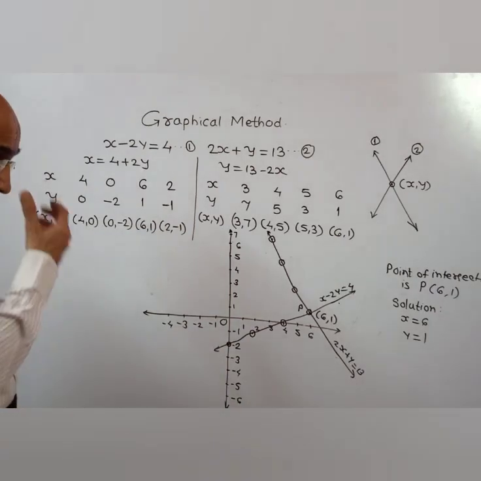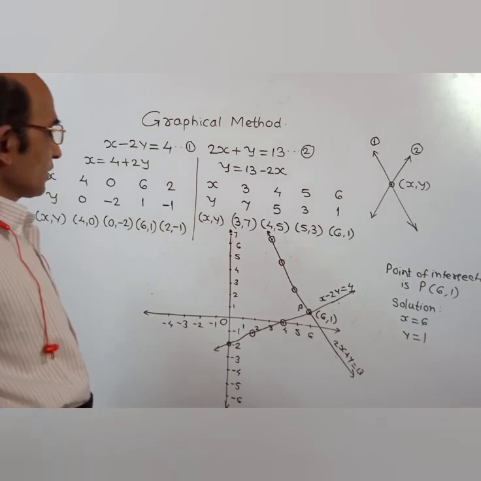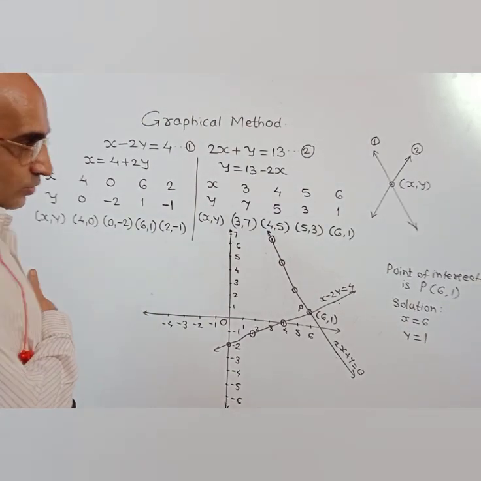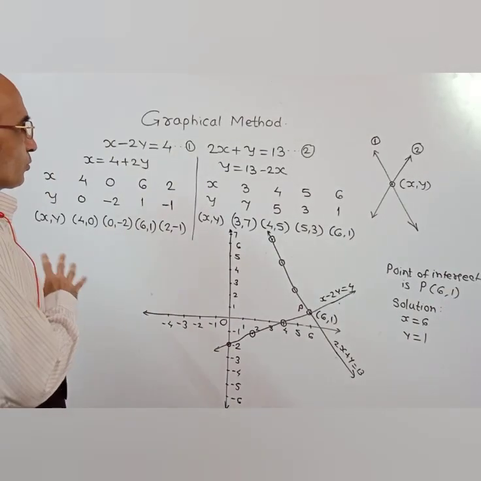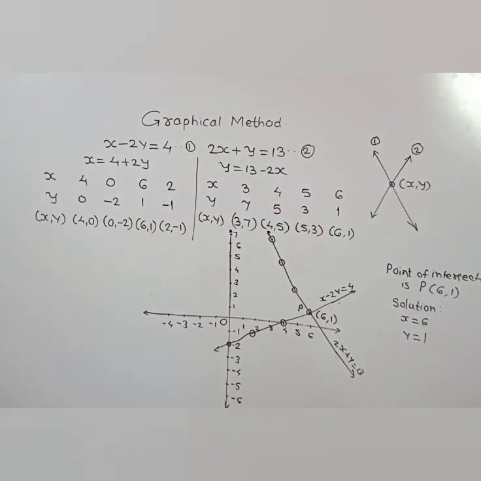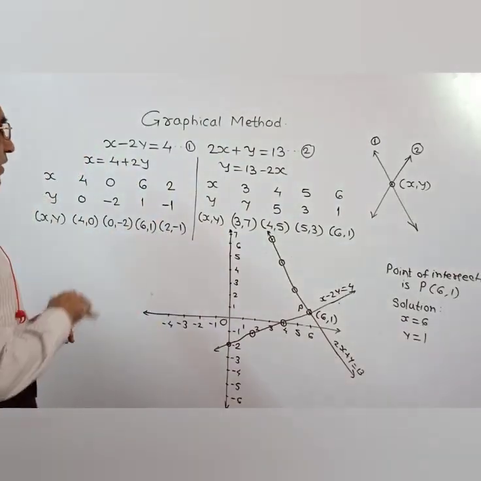Now during examination, what can happen is, whether our solution is correct or not, how can we check it? We have seen the first two methods, the method of substitution and the method of equating coefficients. You solve these two equations by any one of the first two methods and find the solution.